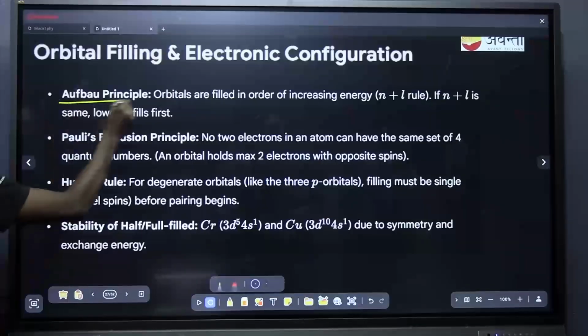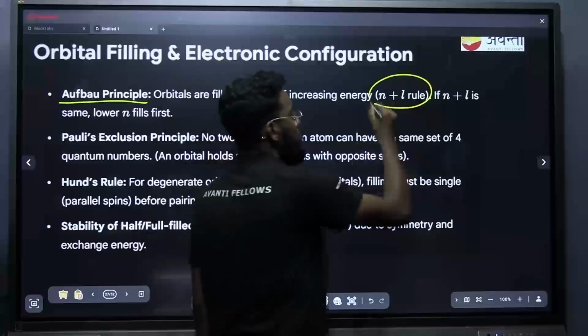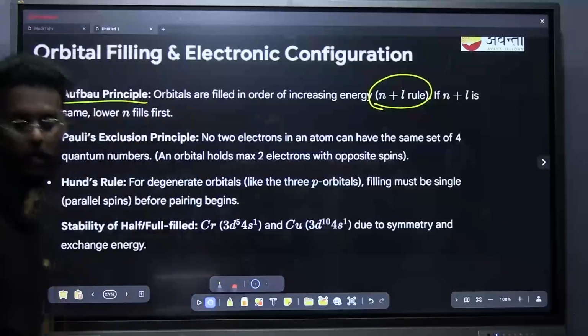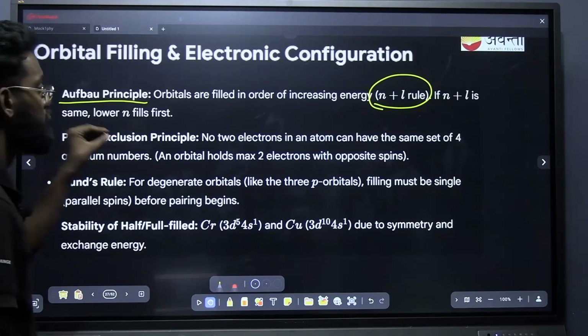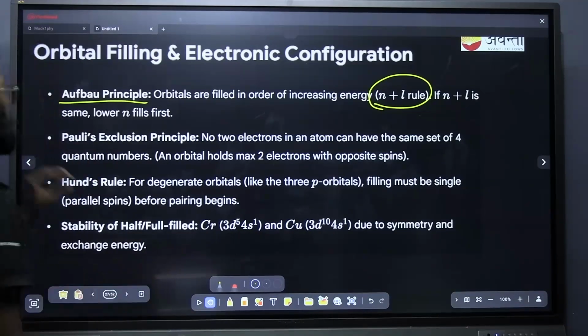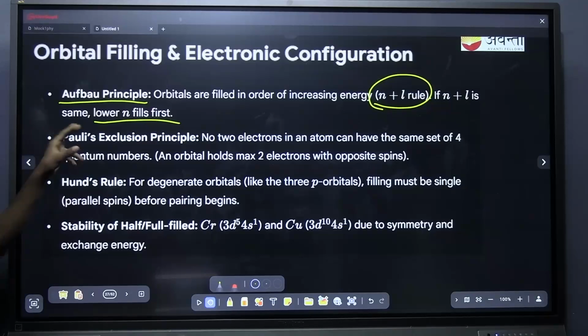First one is the Aufbau principle. In the Aufbau principle, what we have to note down is the n plus l rule. The n plus l rule will tell you how the energy of orbitals is arranged. Lower the n plus l value, lower will be the energy. If the n plus l value is the same, then we give preference to the one with the higher n value.